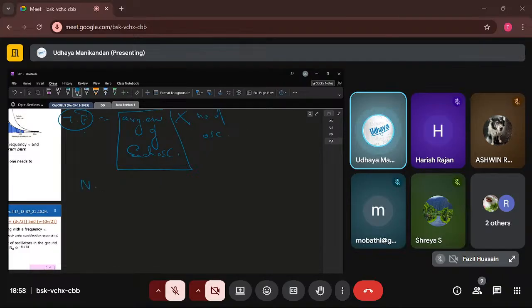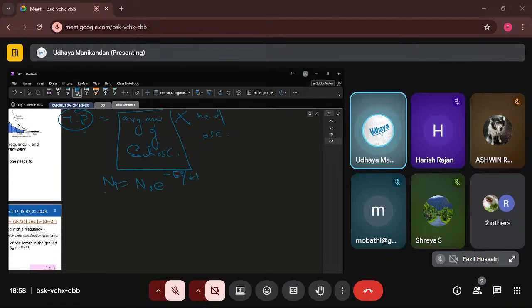First, let's deduce a formula for the number of oscillators. The total number of oscillators will be nothing but the oscillators available in each level. First understand this formula; it does not have any derivation for you. The number of oscillators in the ith energy level is given by n naught e power minus Ei by kT.